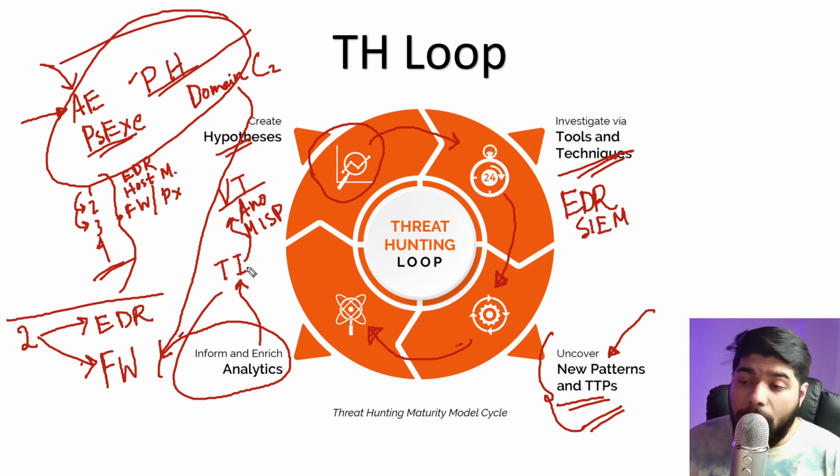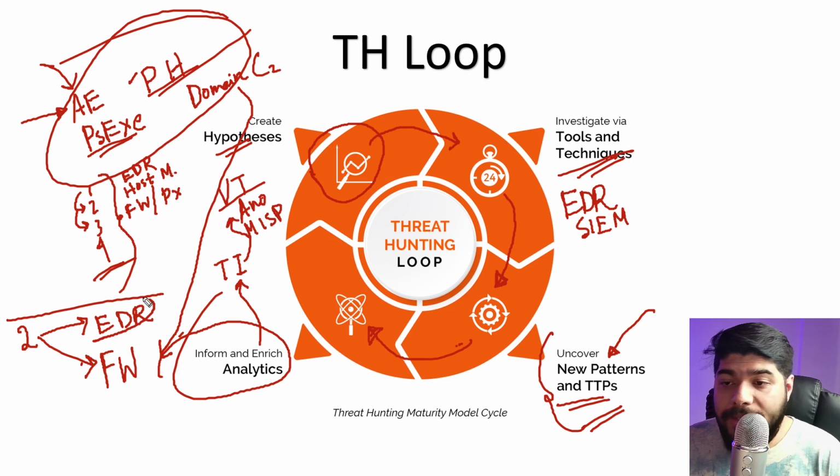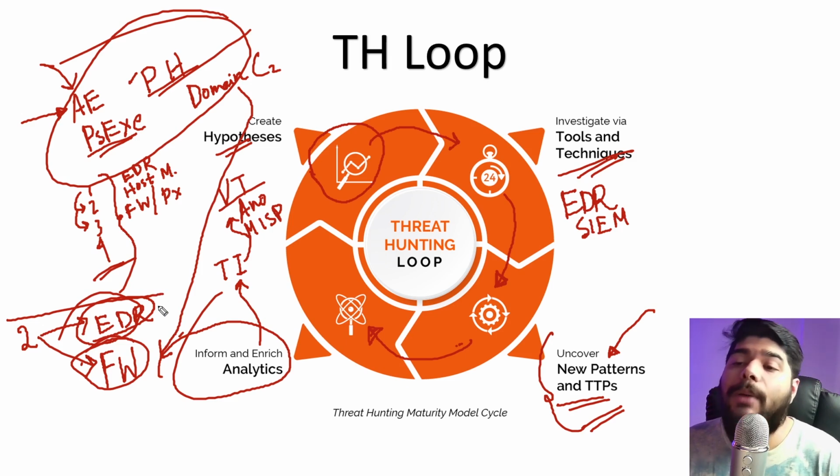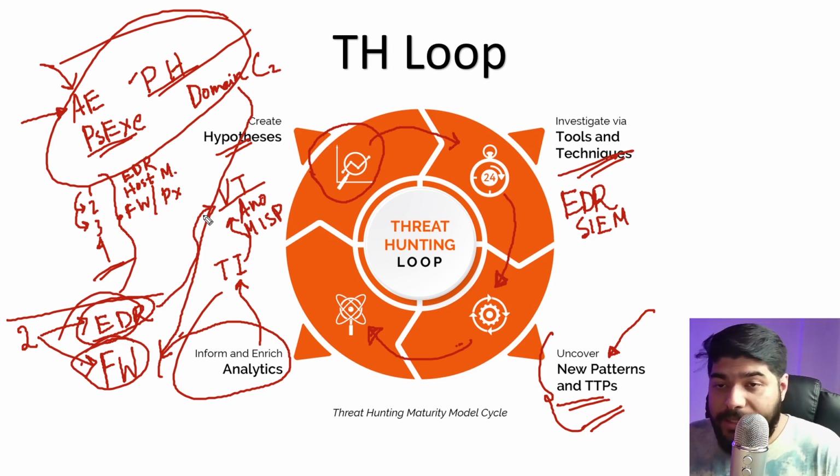You go to those tools and map your data sources to identify what threat intelligence information you have about them. If you do not have any threat intelligence data set, that means that particular data set is very new for your platform and you have to build on that.